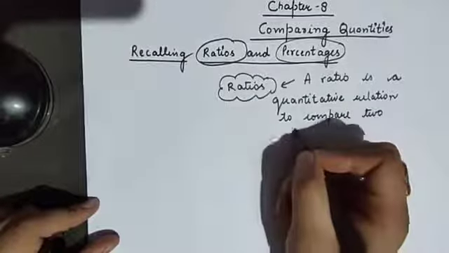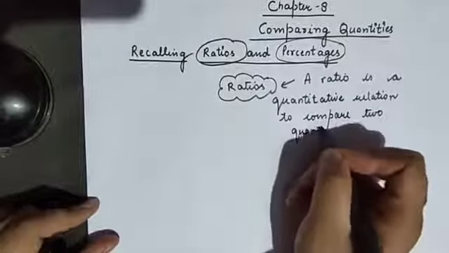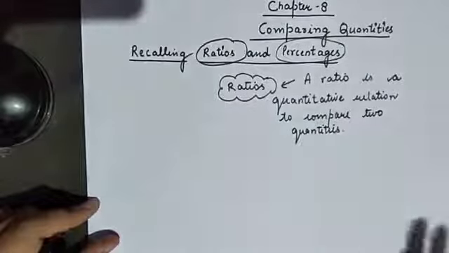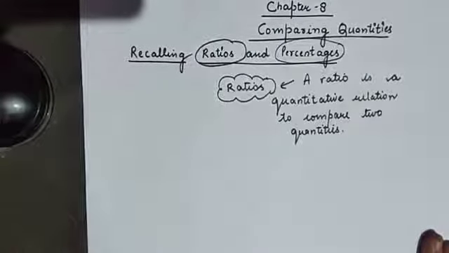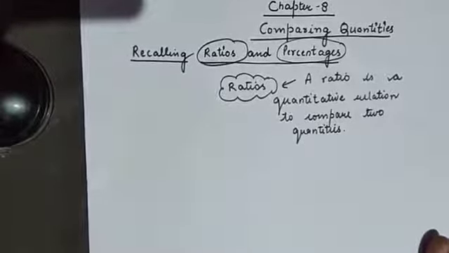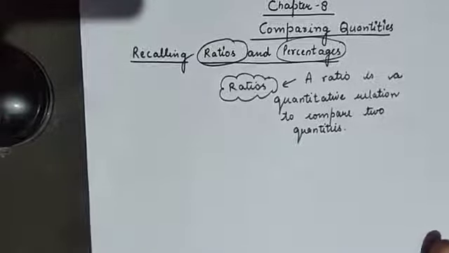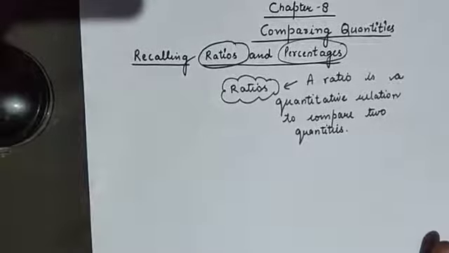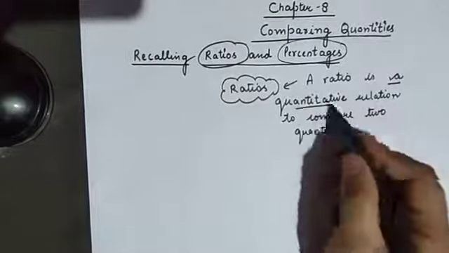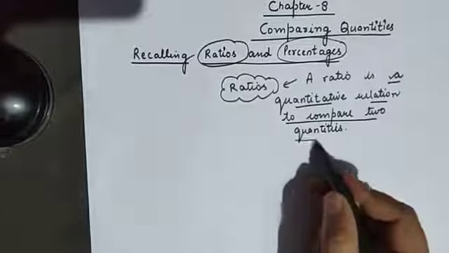Students, although you have studied this concept in your previous classes, for starting chapter 8, comparing quantities, we need to recall this definition again. So I hope you know what a ratio is. A ratio is a quantitative relation to compare two quantities.